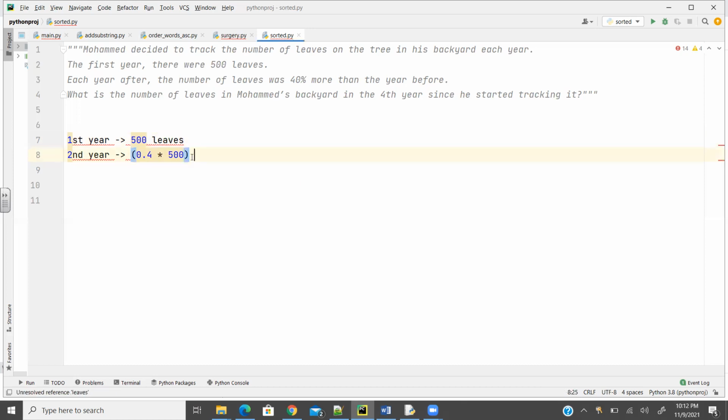That will be the increase of 200 and the amount that he invested initially, that will be 500. So we need to add that profit, that increase, to the initial amount. So that's why we're going to add this 500 to it. That's coming from the previous year.